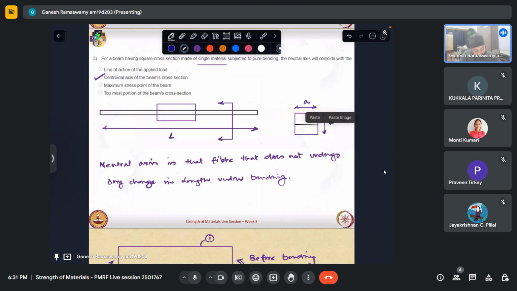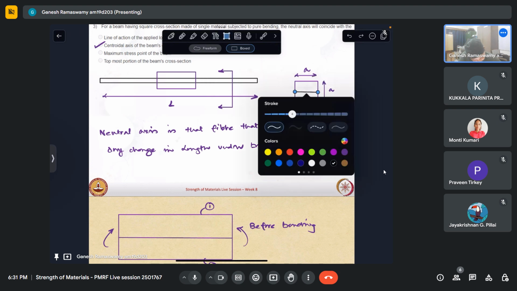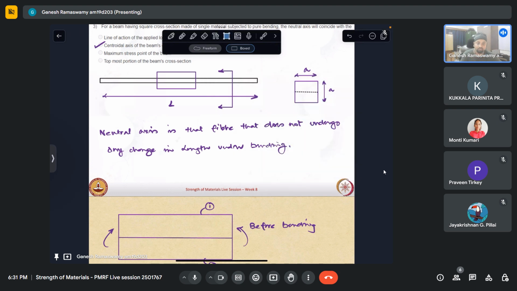If we say that this is the plane in the cross section, we have a plane like that.